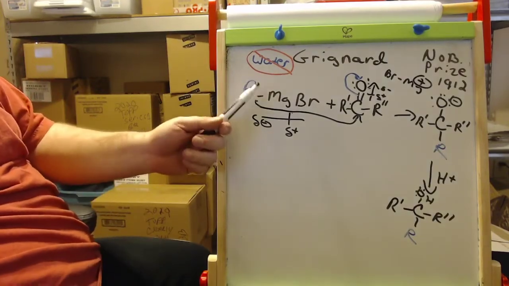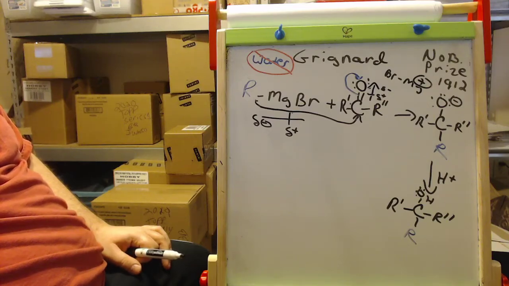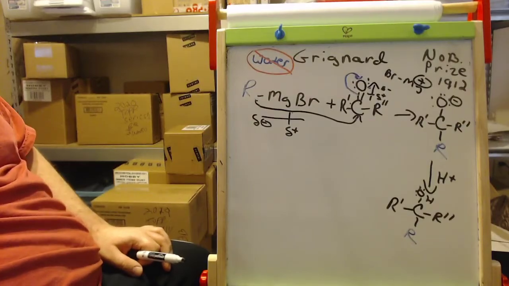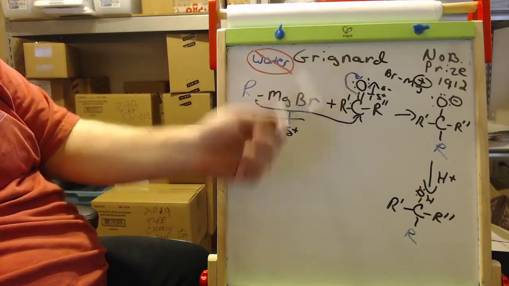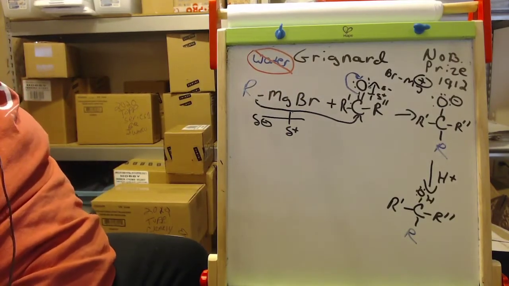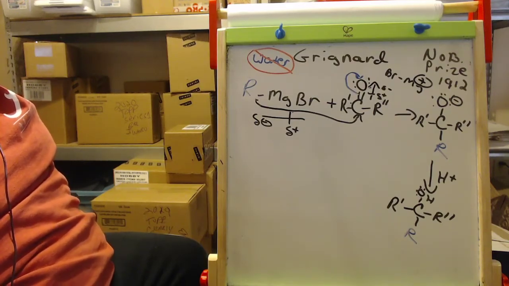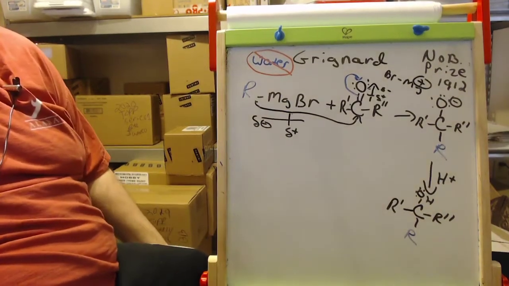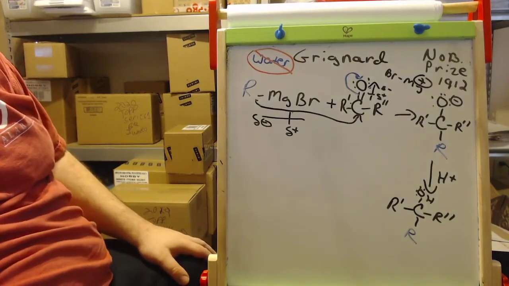The key is making that Grignard reagent. Once we make that Grignard reagent, we are pretty set to go as long as we have a carbonyl carbon. We need a carbon that's partially positive, and a carbonyl carbon is partially positive enough that the partially negative carbon in the Grignard reagent will attack it and increase the carbon chain length.